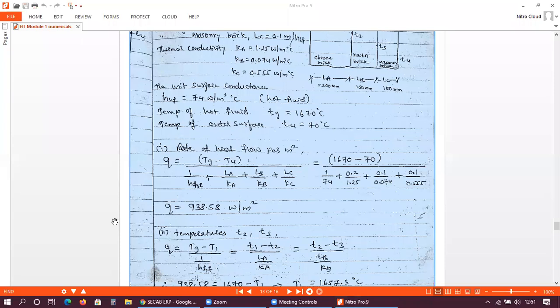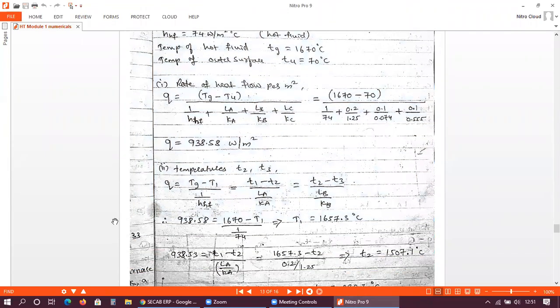But we need only the T2 and T3 values. So first I will go with this part and equate the first part. From this equation, I can calculate T1, the temperature at the inner surface of the wall, that is 1657.